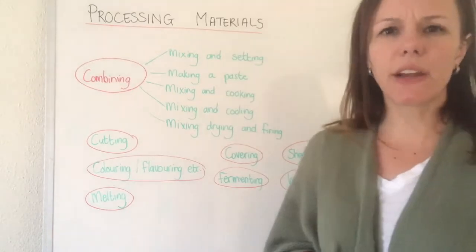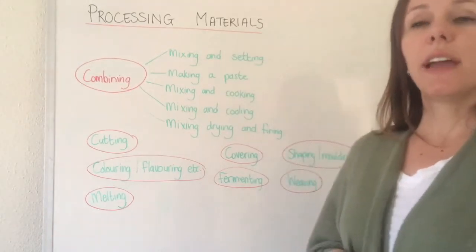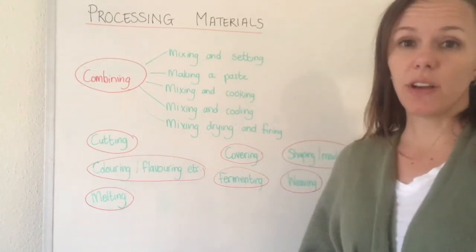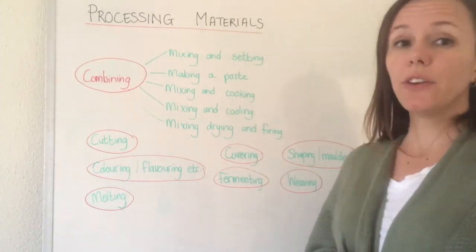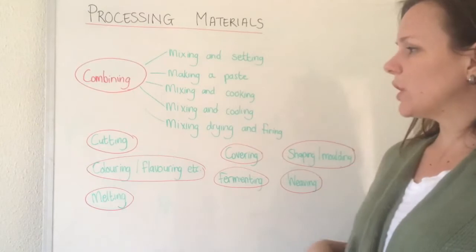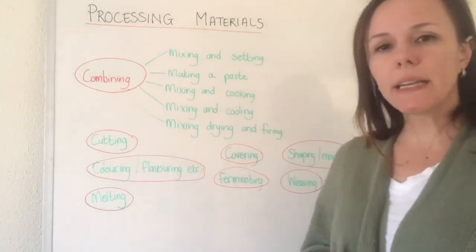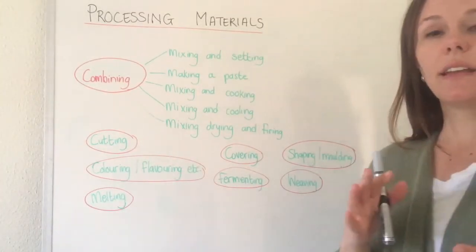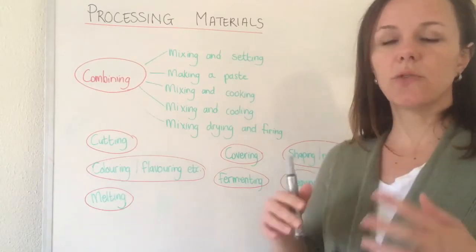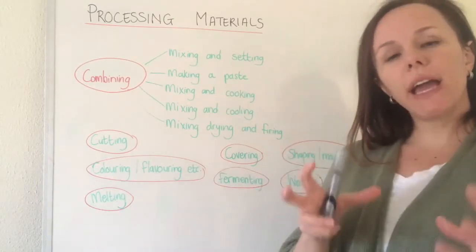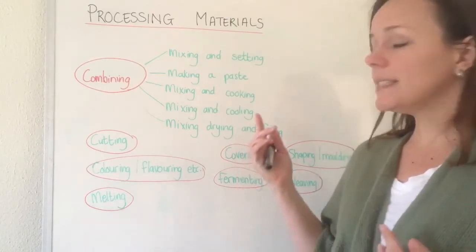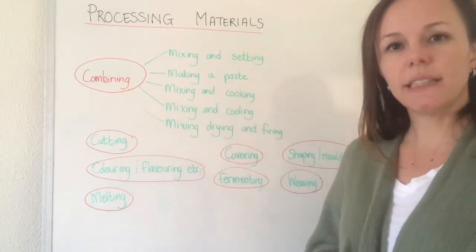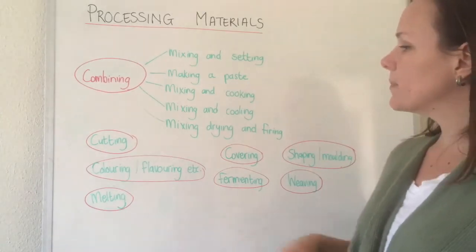Okay, there's many different other processes that we can use to process materials. Here at the bottom are just a few that I thought of, but you can think of many more, I'm sure. If we think of cutting, if you cut anything up into smaller pieces or cut it into a shape, you've changed that material into something new, which means that cutting is a process that we can put a material through.